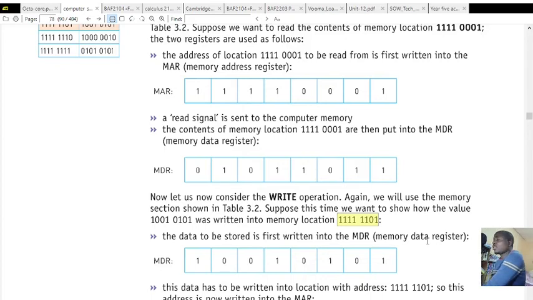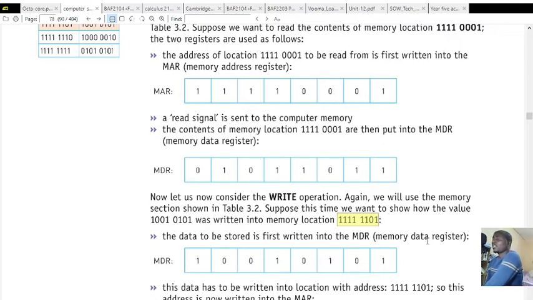We are assuming that this data is coming from the CPU, from the accumulator. So it has to be first written into the memory data register. This data has to be written into the location with the address, so this address is now written into the memory address register.